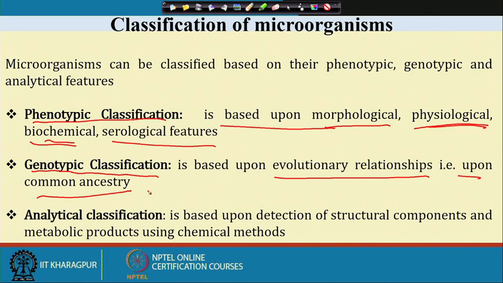On the basis of heredity, we classify the organism. Then analytical classification is based upon the detection of structural components and metabolic products using chemical methods. So the microorganism can be classified in three different ways: phenotype, genotype, and analytical.